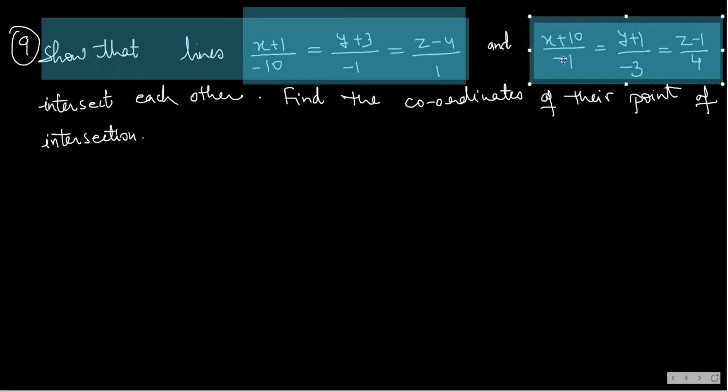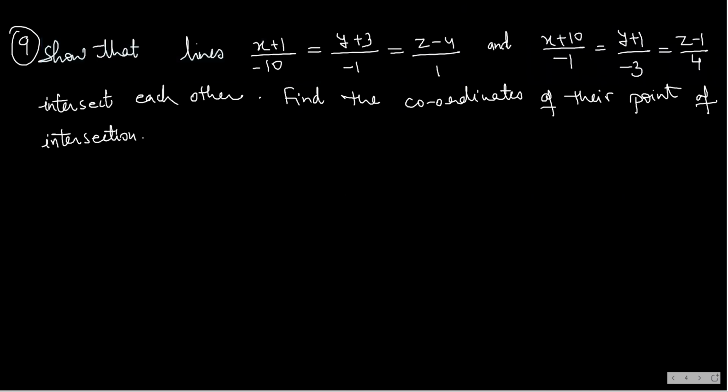We have to show that these two lines are intersecting each other. First of all, understand that these two lines are lines in space. After that, they are saying find the coordinates of their point of intersection.